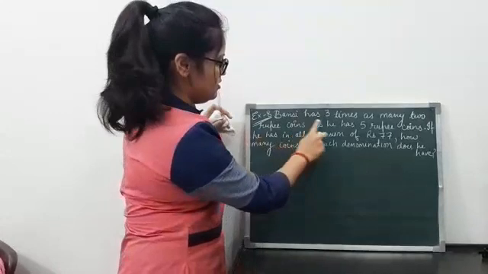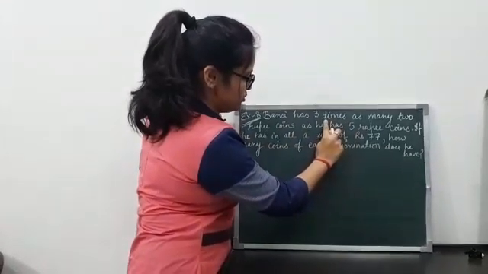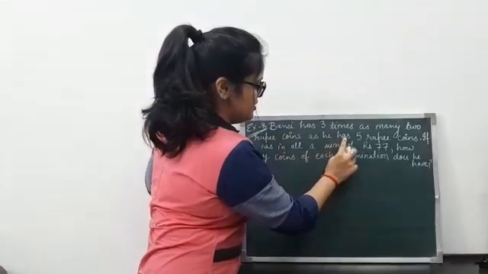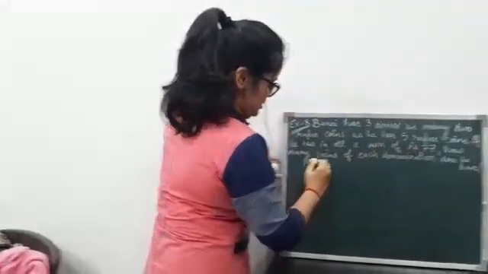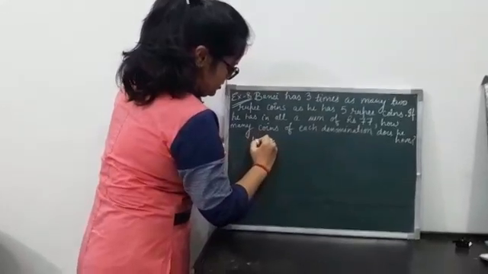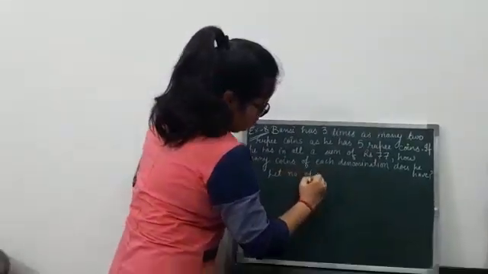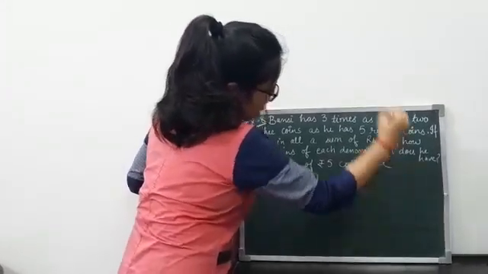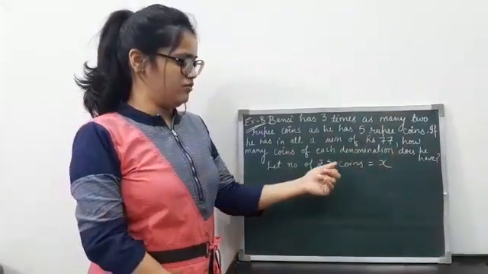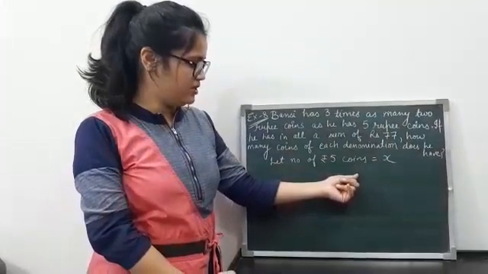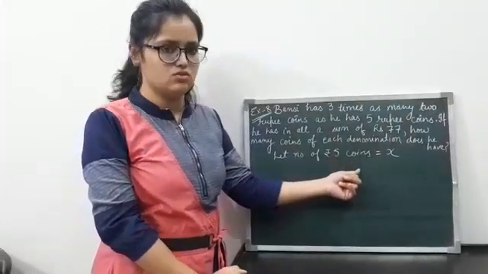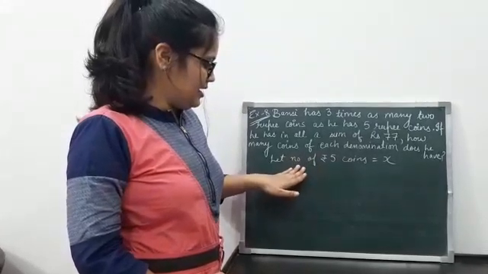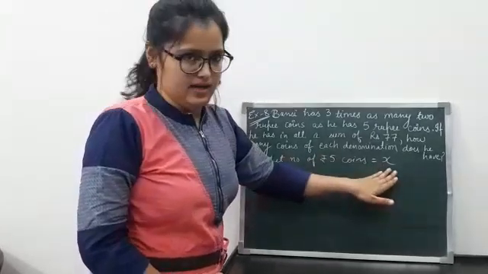Now, there are 3 times as many 2 rupee coins as 5 rupee coins. Just suppose that the number of 5 rupee coins is equal to x, because we have to find out how many 5 rupee coins and how many 2 rupee coins there are.